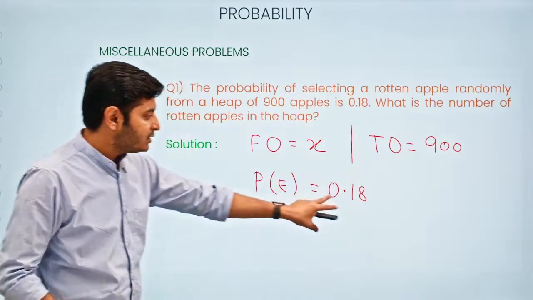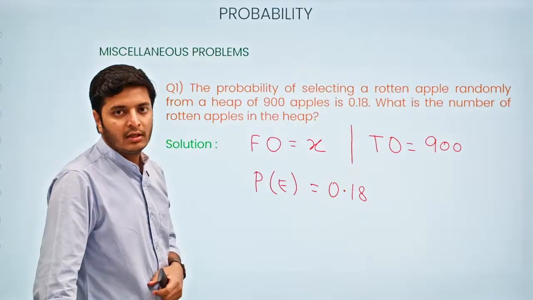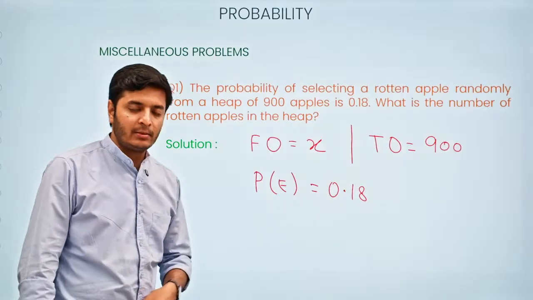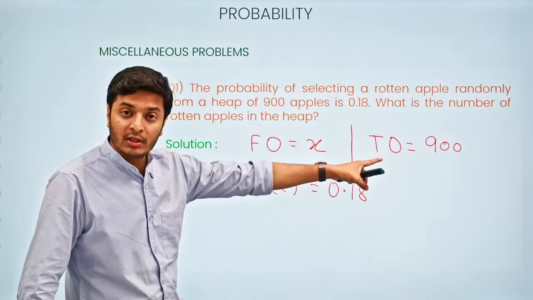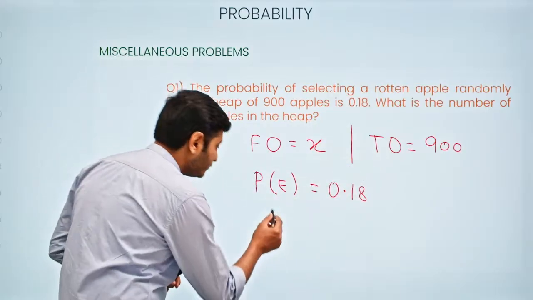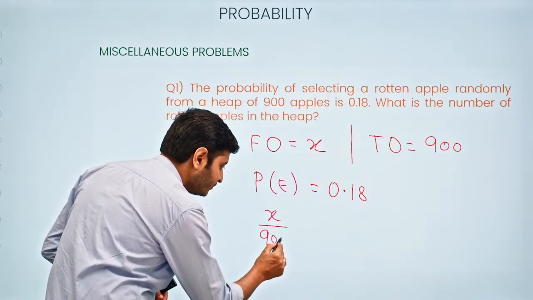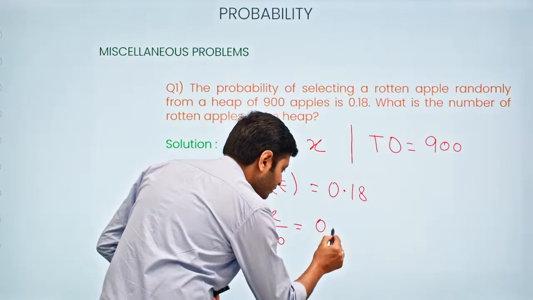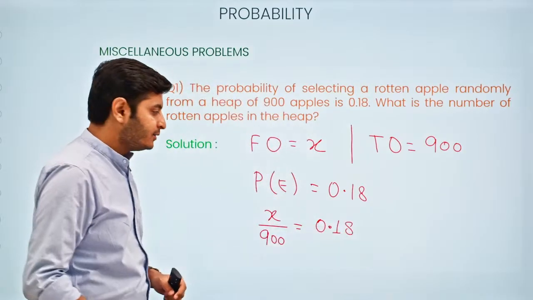Now I'm gonna replace this with the formula. How to calculate P of E? Total number of favorable outcomes divided by total number of outcomes. So in place of P of E, I'm gonna write favorable outcomes x divided by total outcomes 900 is equal to 0.18. I'm gonna transpose 900 to the right hand side.